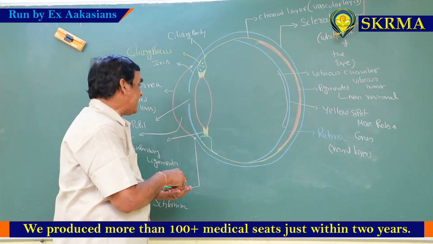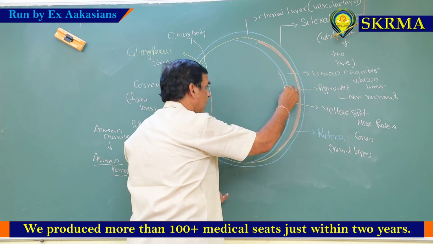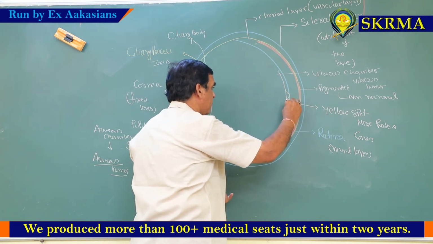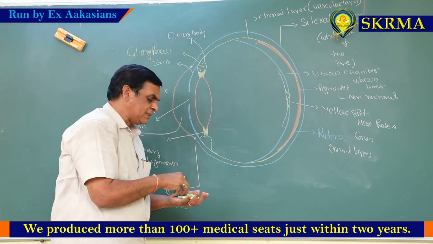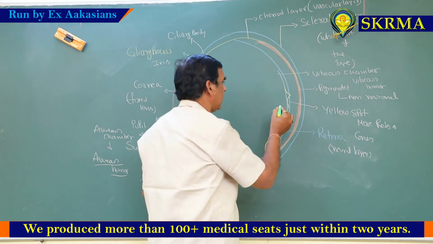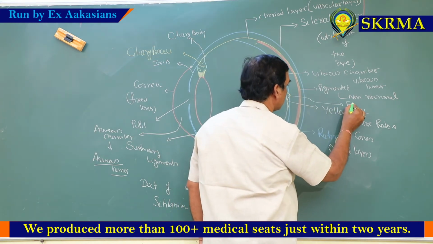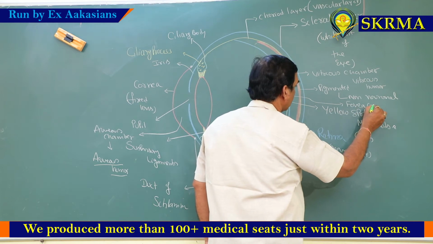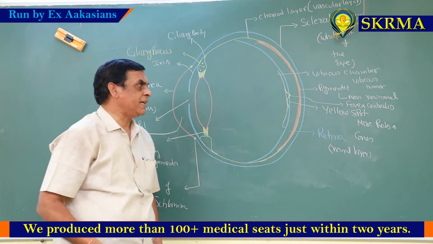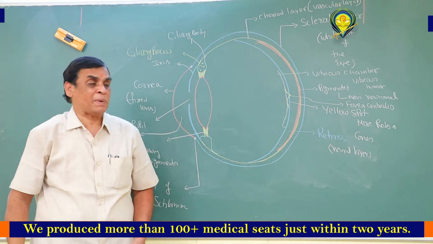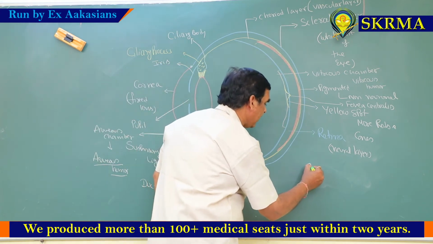But exactly opposite to this area, there is a U-shaped notch. That is known as the fovea centralis. The specialty of the fovea centralis is that it provides only cones.